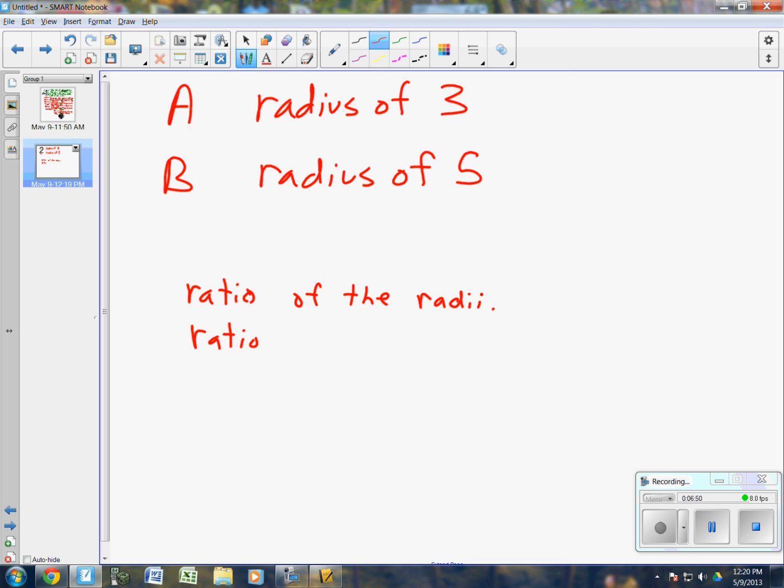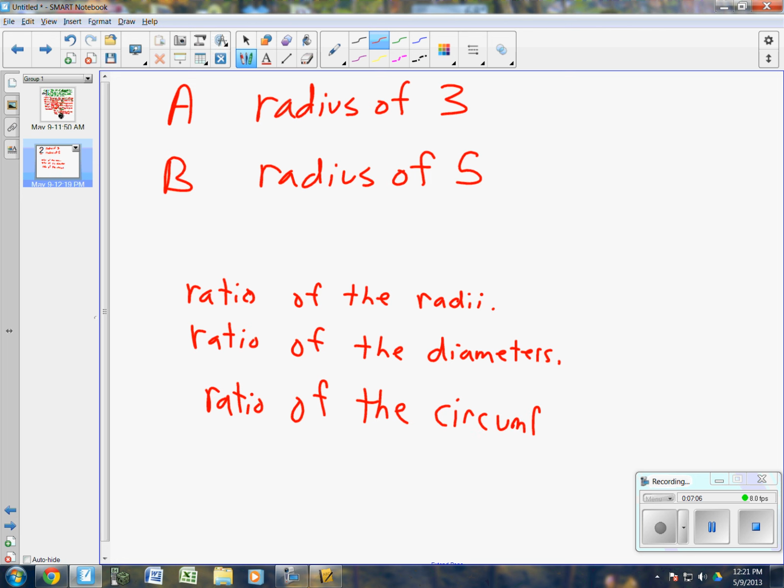The ratio of the diameters and the ratio of the circumferences of these two circles, A and B.